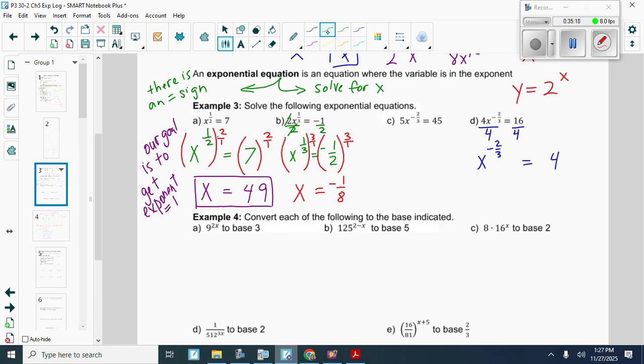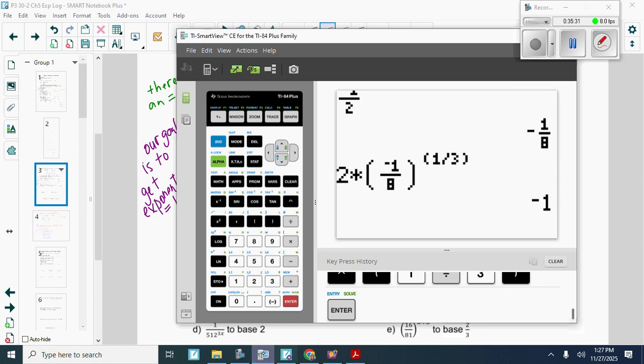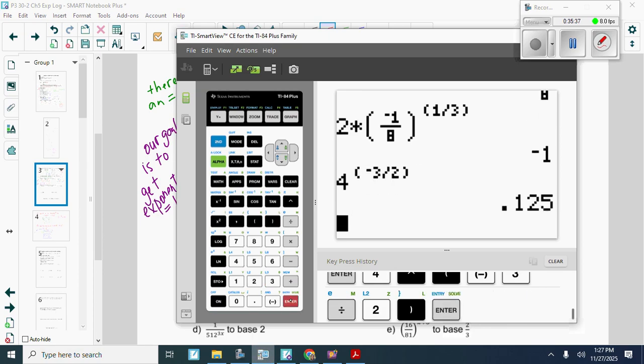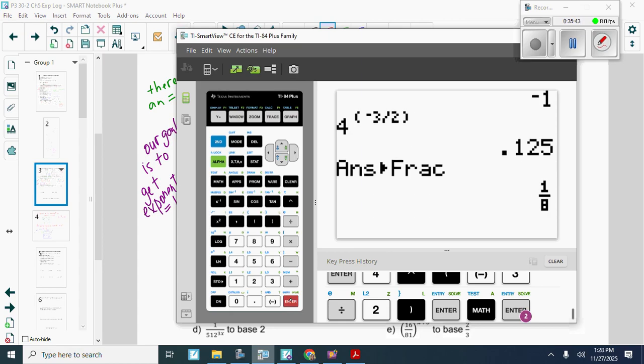There we go. All right, 4 to the power of negative 3 divided by 2. Math fraction. 1/8.